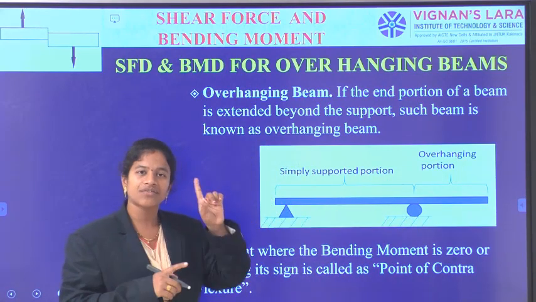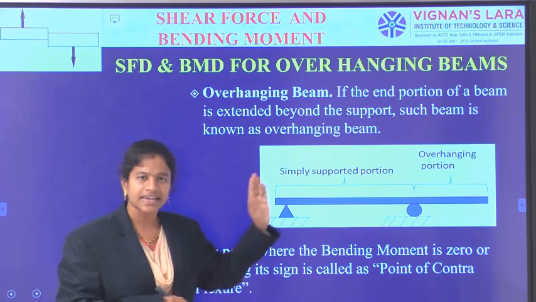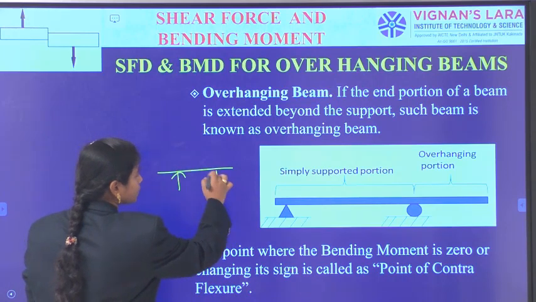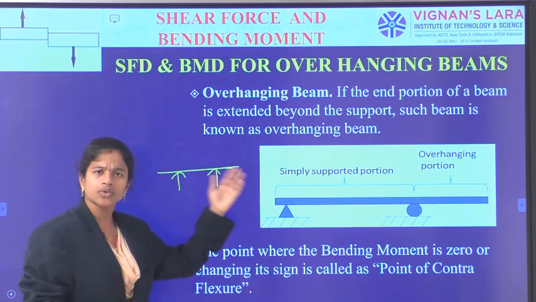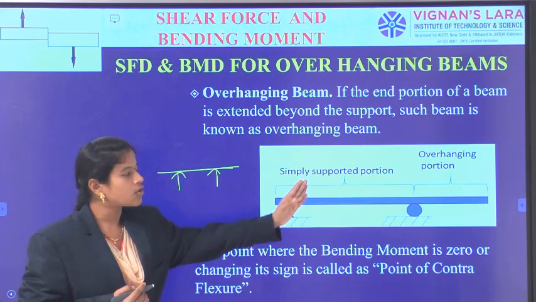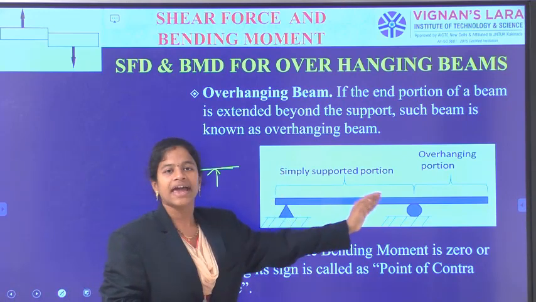Even if it has only one side extension, it can be called overhanging. If it has extension on two sides also, that is also an overhanging beam. But a minimum of one side must be overhanging for it to be called an overhanging type beam.